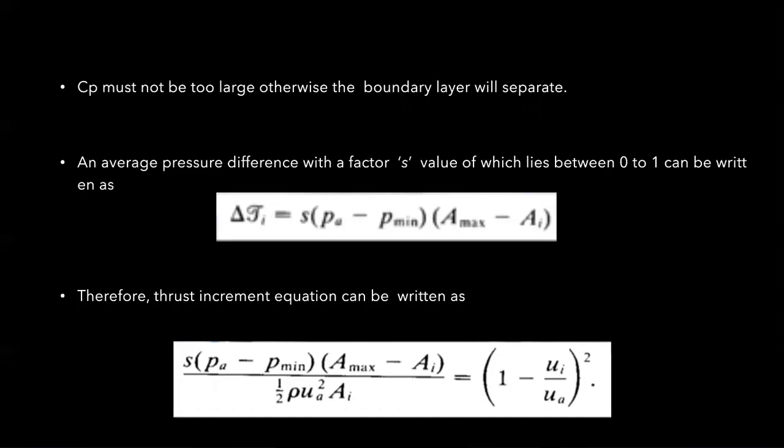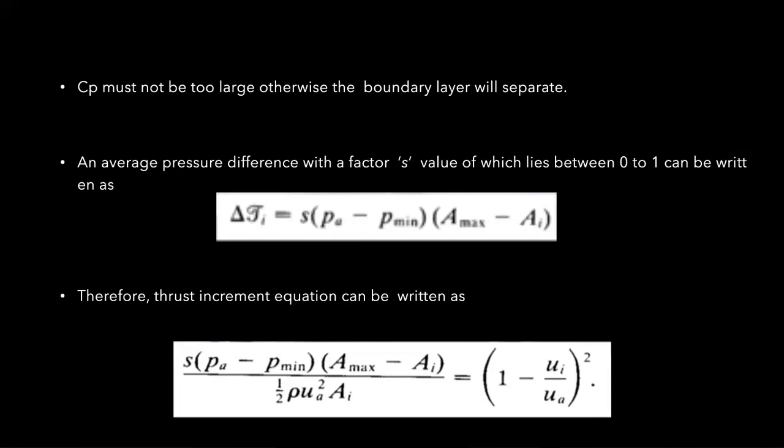An average pressure difference with a factor S, the value of which lies between 0 and 1, can be written as delta tau I is equal to S times (Pa minus P minimum) times (A max minus Ai). Therefore, the thrust increment equation can be written as the following.